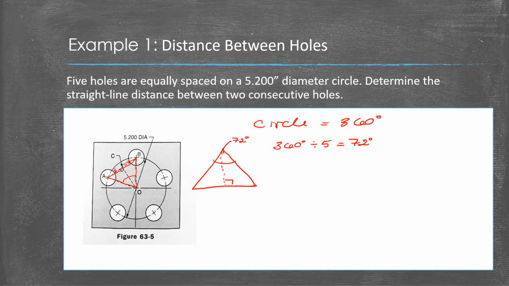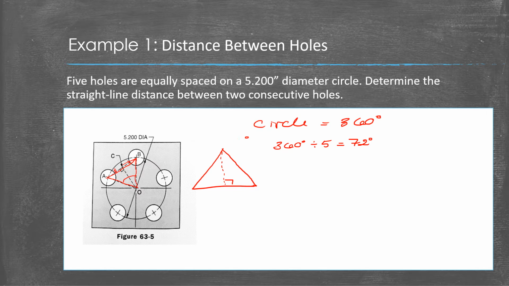Now you'll notice that in the original image, the triangle was divided into 2. It's split in half because we need a right triangle. If we draw a line straight down from the center, this is kind of like when we did the V notch in the last lesson, and you get a right angle here at the base. So we're really only going to work with half of our triangle at a time.